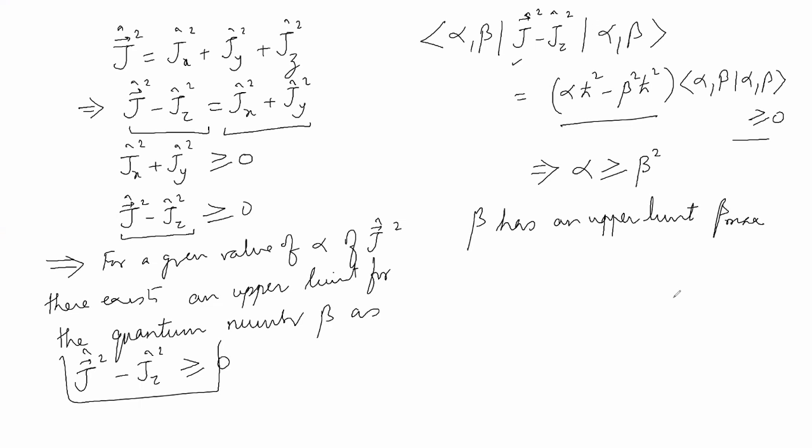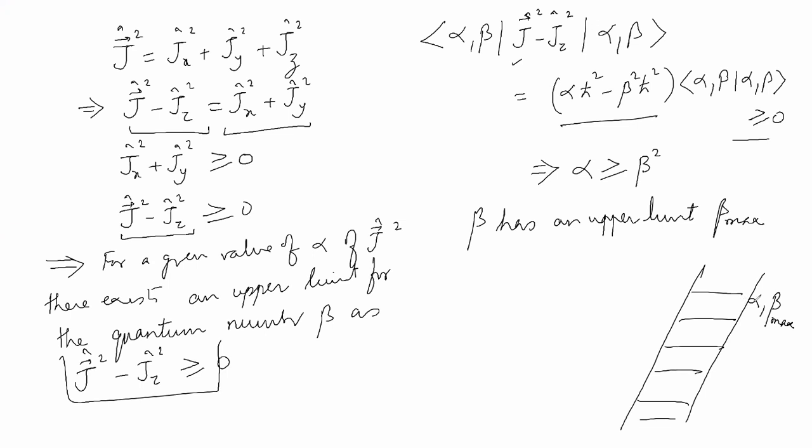That means if we have reached the maximum state, like in the harmonic oscillator problem, for a given value of alpha we have a maximum value of beta. Then if we apply a raising operator further, what was the work of the raising operator?